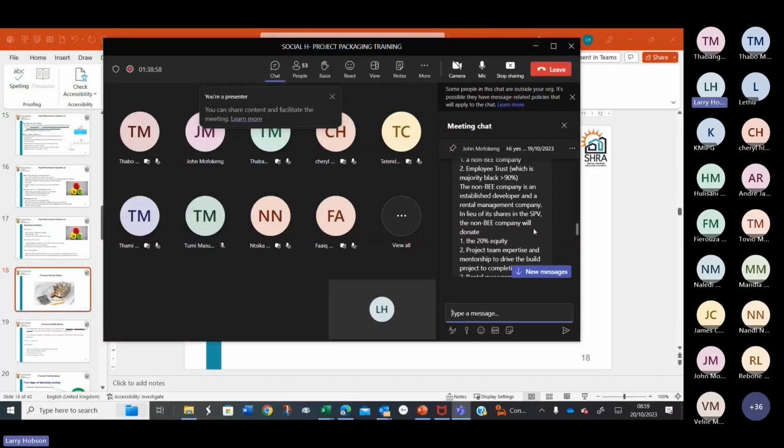In lieu of its shares in the SPV, the non-BE company will donate the 20% equity, project team expertise and mentorship to drive the build project to completion, rental management, mentorship and maintenance post-project build. Question, what BE level must the SPV be at to qualify for the SHRA grant, or what percentage of shares can the SPV give to the non-BE company for their donations? For example, can it give 49% and keep 51%?